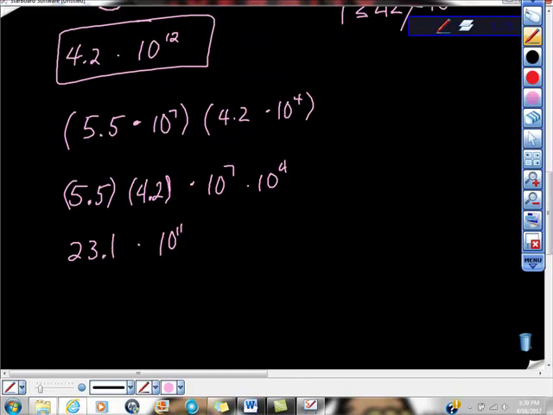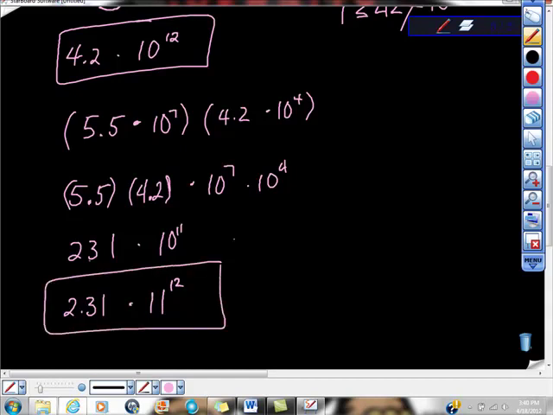So we have to make this smaller, so it's going to be 2.31. And 2.31 times 10 is our 23.1, isn't it? Just because I want you to know, I'm not changing the value, I'm just putting it in different places. Times 10 times 10 to the 11th, which we already had waiting. Well, 10 times 10 to the 11th is 10 to the 12th, right? Okay? So there's some work.